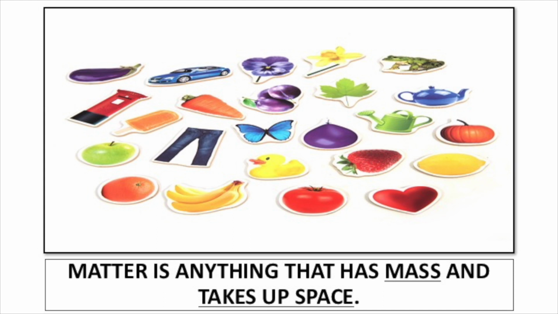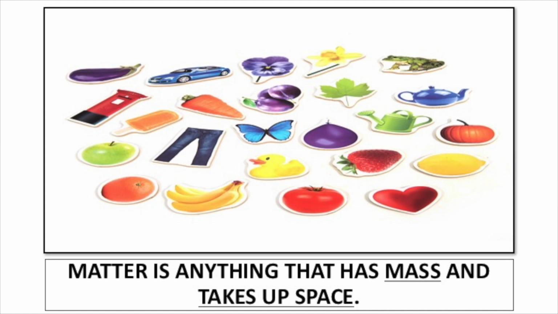But look at the picture now. Look at the pictures of all the different objects. We can see cars, carrot, ice cream, strawberry, butterfly, duck, frog. Yes, everything has matter. Everything we can see, feel, or touch has matter.